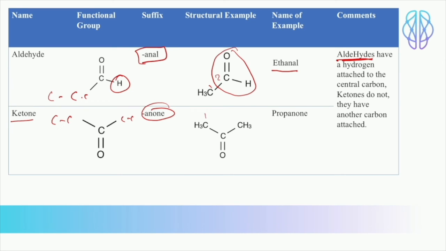So again, 1, 2, 3, meth, eth, pro, so this is propanone because we have the ketone group. If we were to have a hydrogen instead of the CH3, it would become an aldehyde, for example. So recall, ketones, carbon chains either side of the main functional group, aldehydes, carbon chain on one side, hydrogen on the other side.